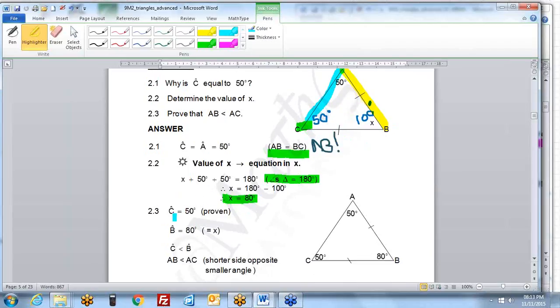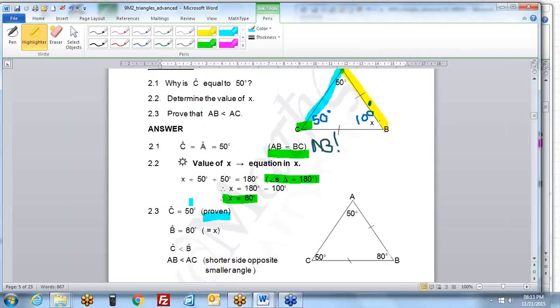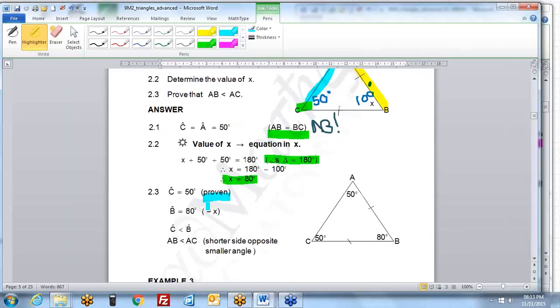So you will say angle C equals 50 degrees, and your reason is because you proved it. Initially, they didn't give you the size there, so you write down in brackets, I proved it. Then you say angle B equals 80 degrees. You can write in brackets, initially it was x and we solved x, or you can just write down proved it or proven.